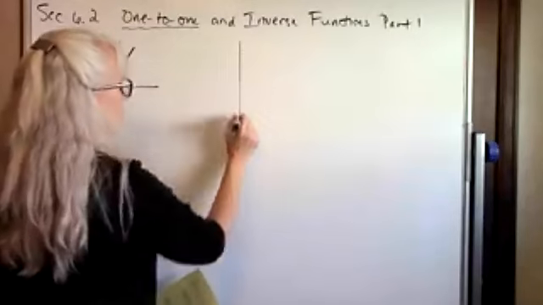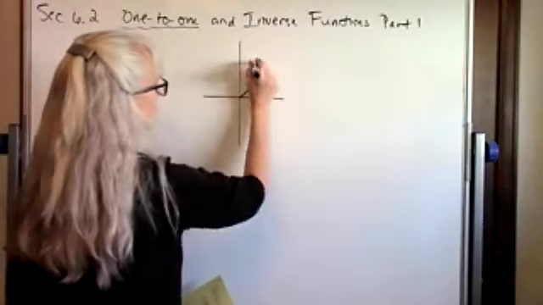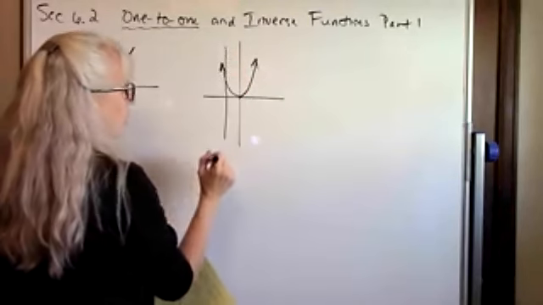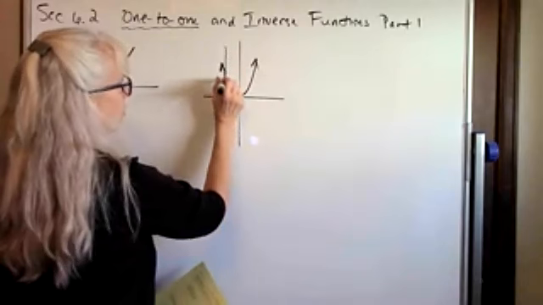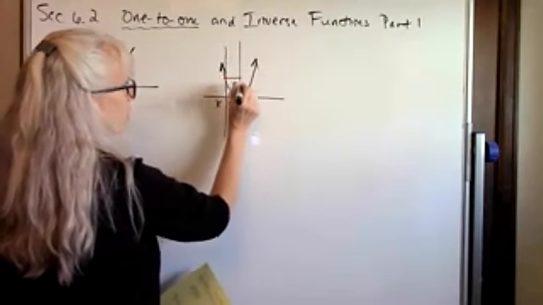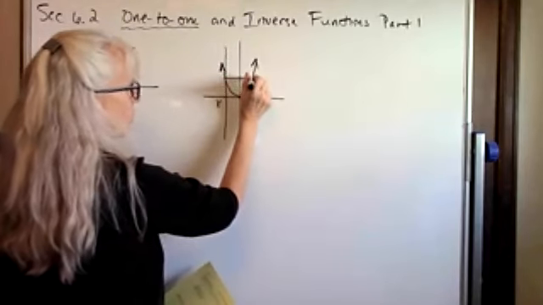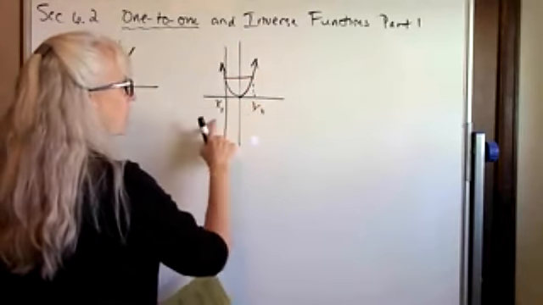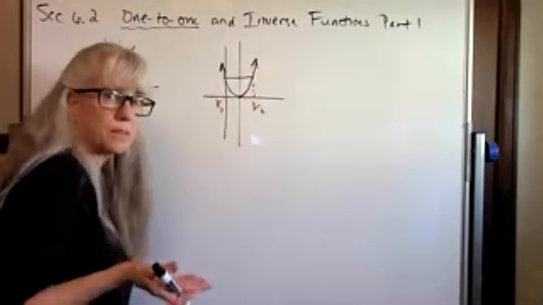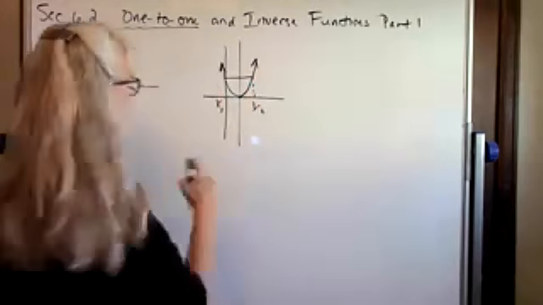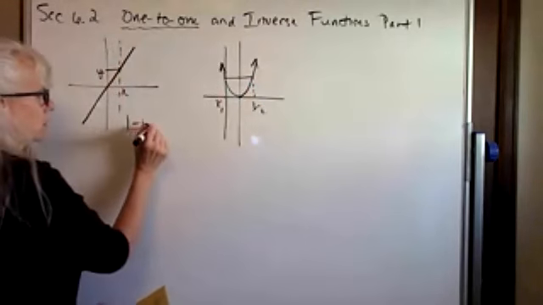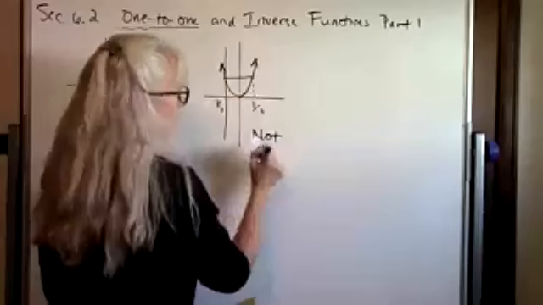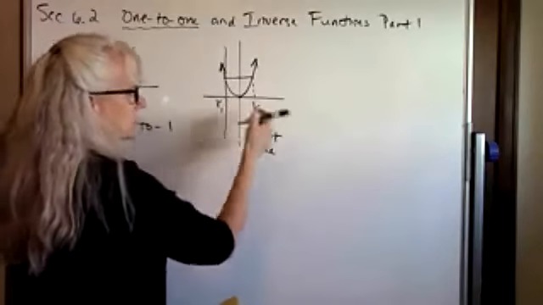But if I take a look at our friend, the parabola, then if I take a look at an x value, there's a corresponding y value that goes to it, but there's also another x value over here with the same y value. So these two x's correspond to the same y. It's a function, but it's not one-to-one. So this one is one-to-one, while this one is not, and it's because a single output has two different inputs.